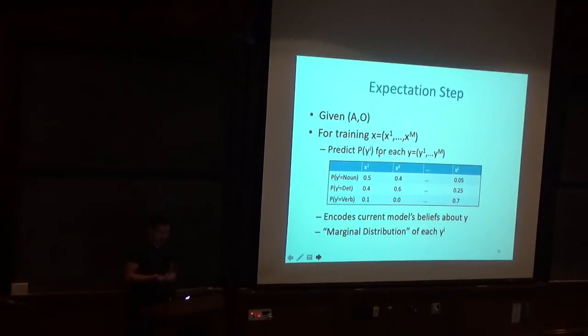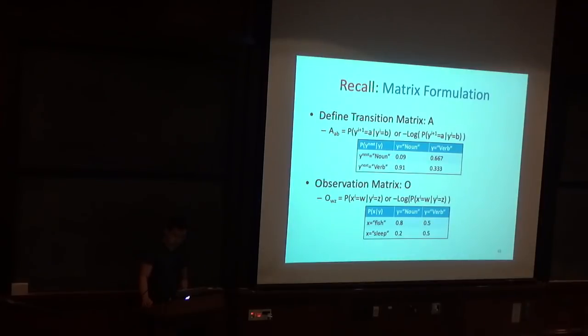And P of y_i is essentially the marginal distribution of each y. It encodes the model's current beliefs about what y should be given the model parameters. This is just a reminder of the definitions of the parameters we want to estimate.